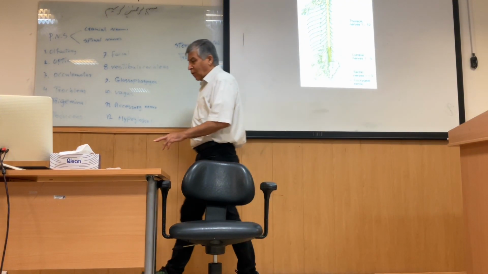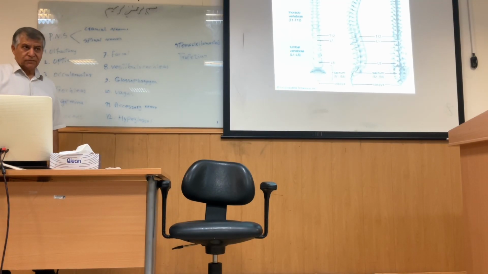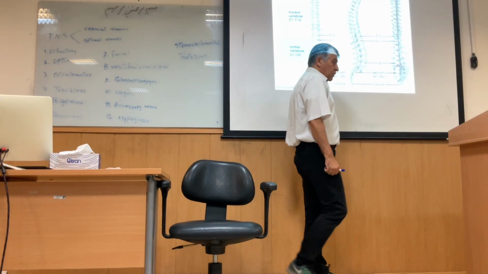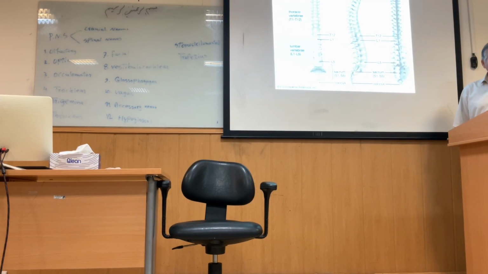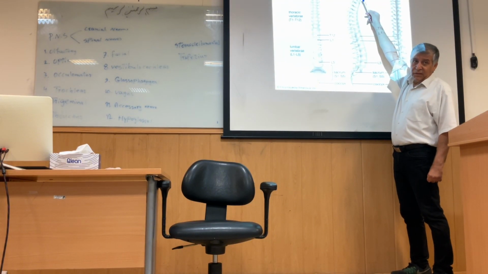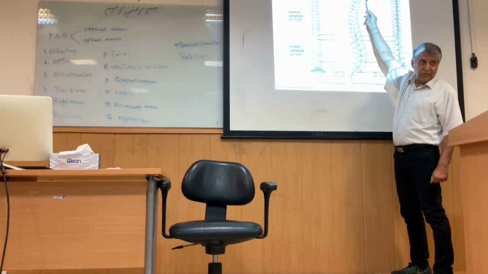The spinal cord is located in the vertebral column. The vertebral column is formed by vertebra. The vertebral column is divided to cervical vertebral column. It's formed by C1 to C7 vertebra.